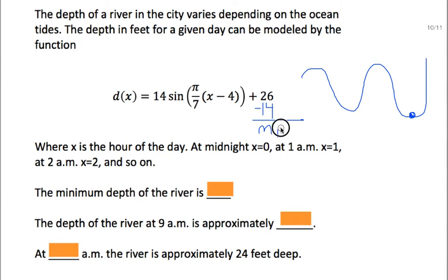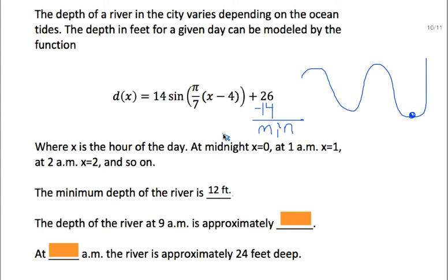Let me put it in there. All right, so 26 minus 14, that's 12, right? Let's see, so yep, 12 feet. So the minimum depth of the river is 12 feet deep. And then I want to know what is the depth of the river at 9 a.m.